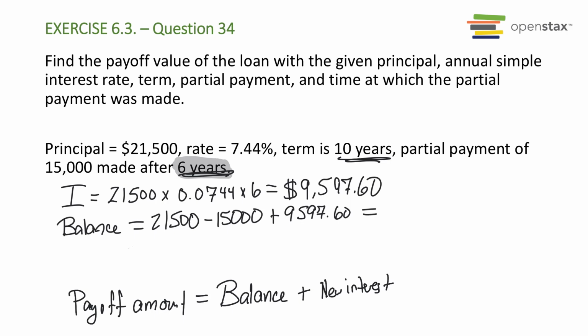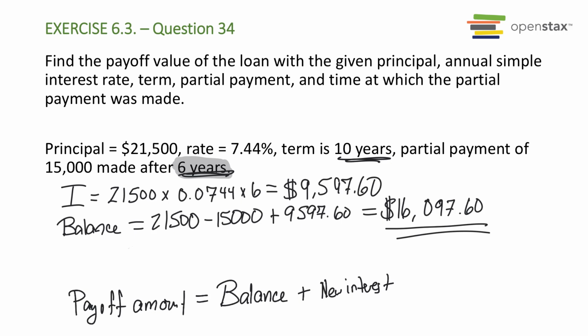So that's going to leave us with a forward balance of $16,097.60. So that is our forward balance. That's how much is left owing after we made our partial payment and was charged interest at the 6-year mark.